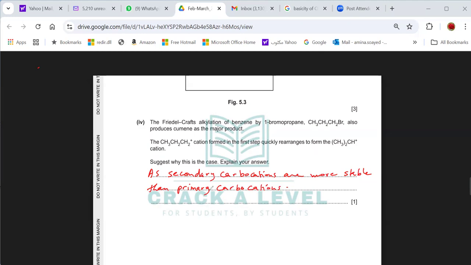So that's why the CH3CH2CH2 positive, which is a primary carbocation, rearranges to the CH3CH positive CH3 secondary carbocation.